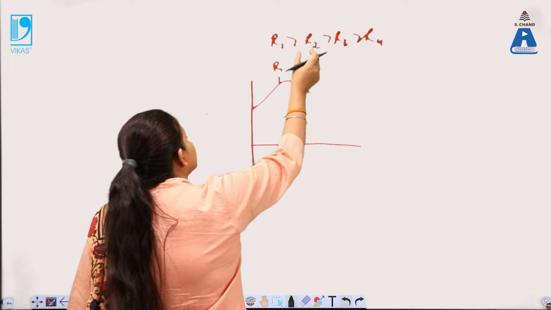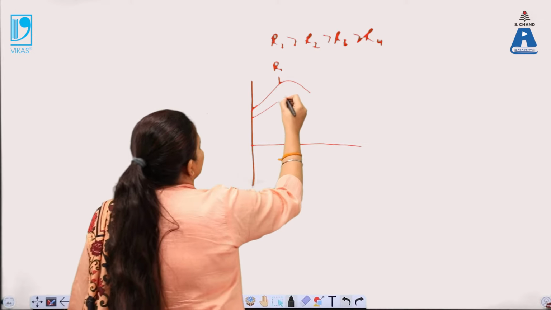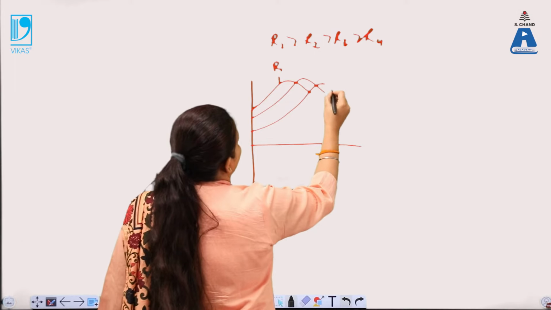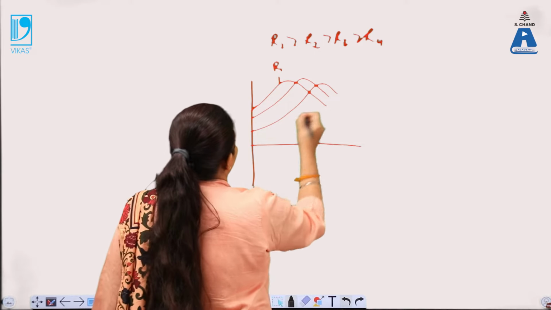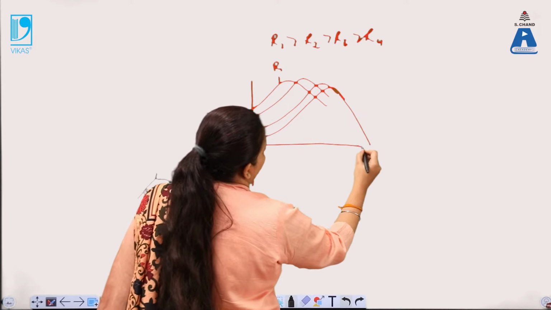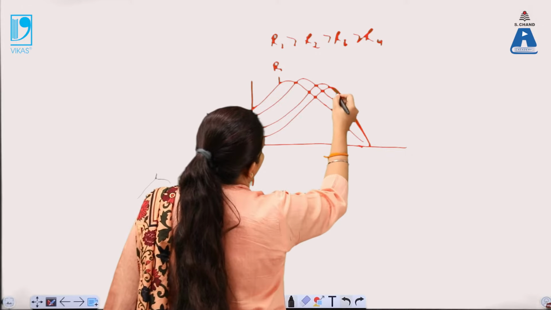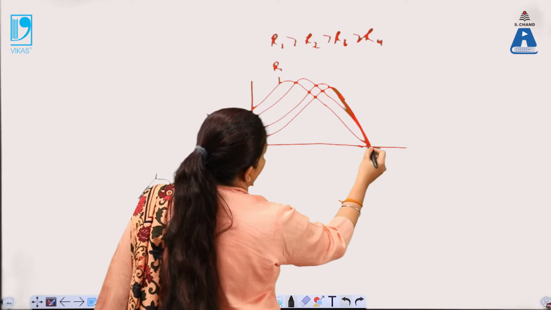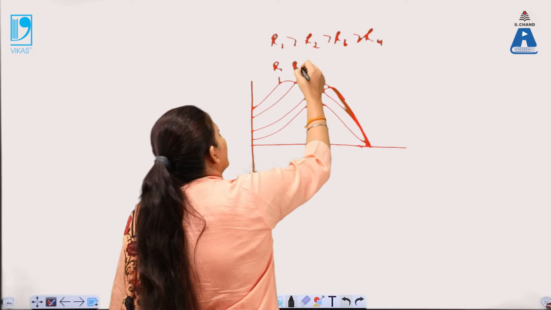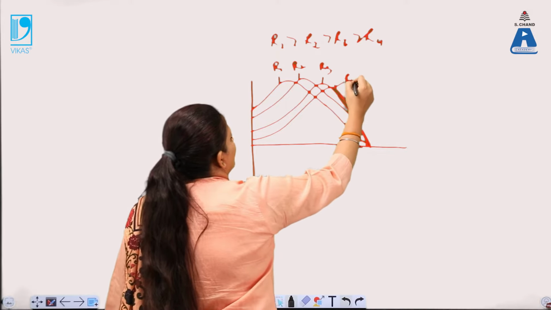Again, if the variable resistance decreases, this will be for R2, that will be for R3 and this is for R4.